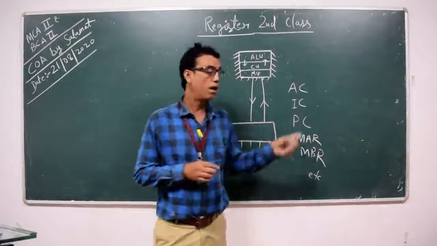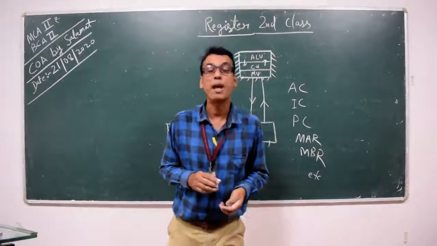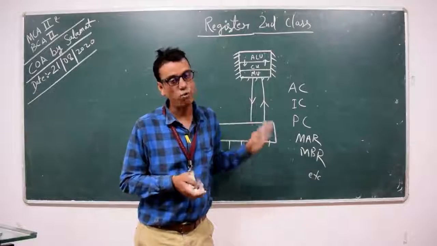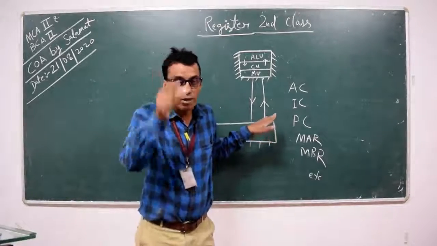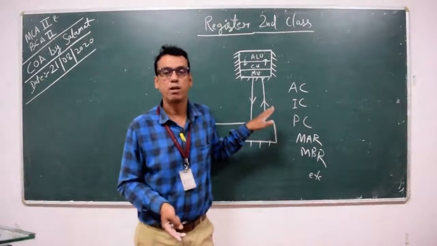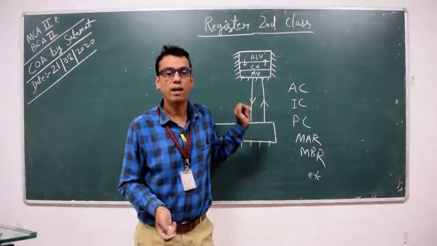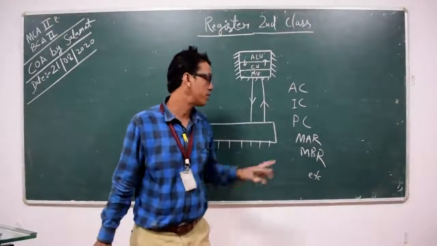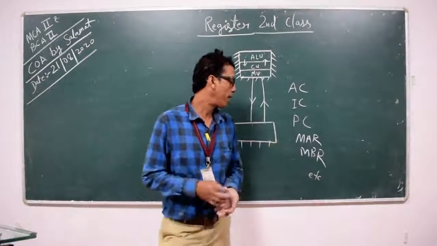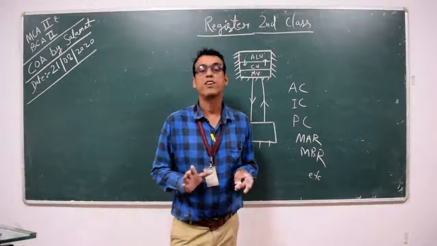Now we have PC, program counter. One instruction is being processed whose address is stored in IR, but there is a list of upcoming instructions which have to be processed. The addresses of these instructions are stored in PC, program counter. MAR and MBR are the transporter registers.